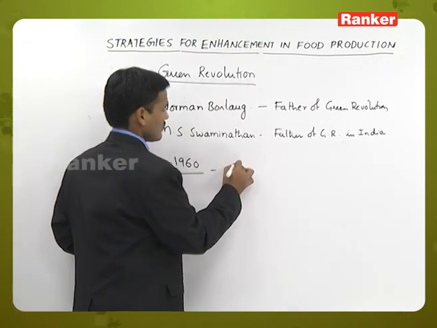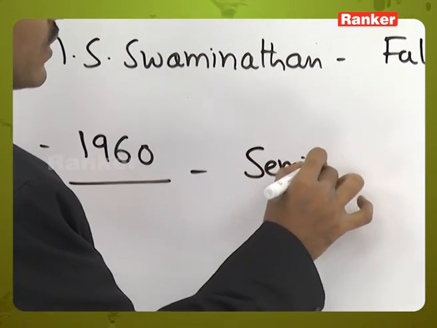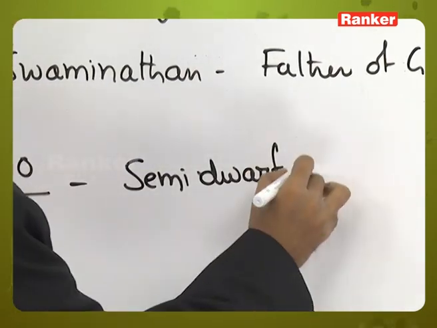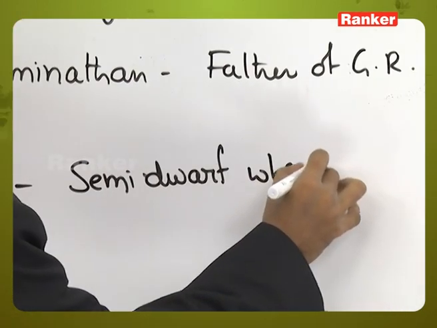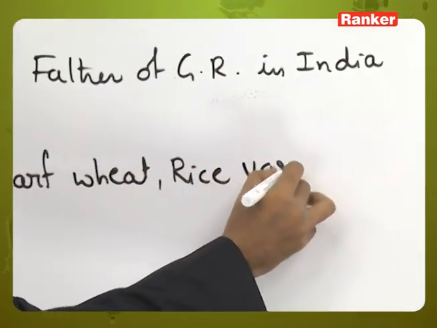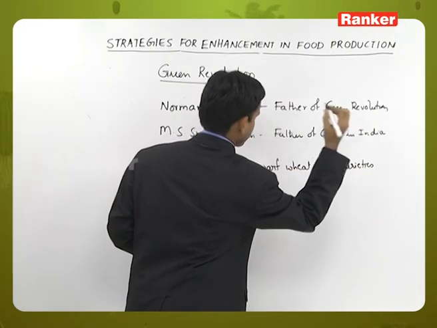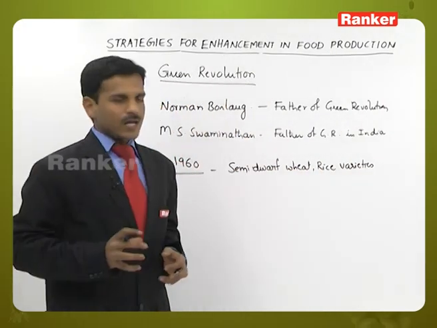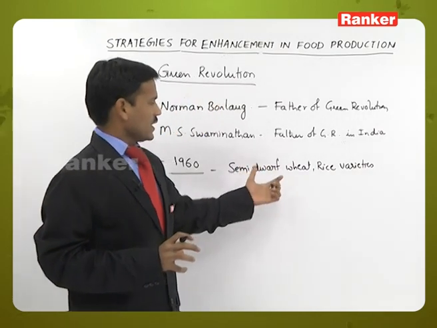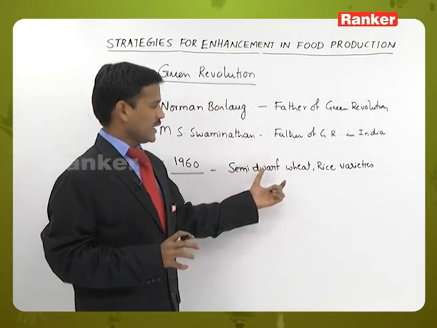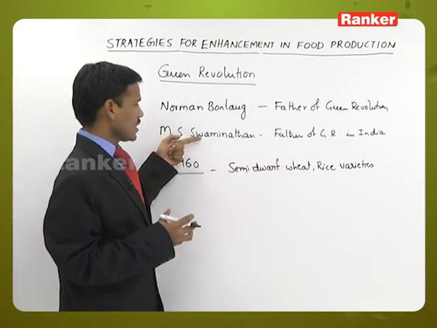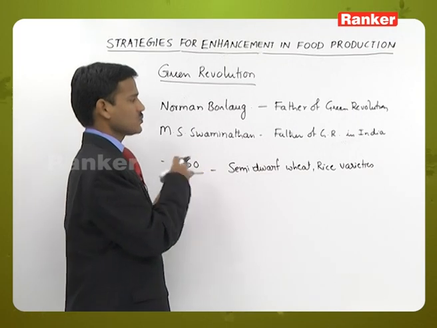The varieties are semi-dwarf wheat and rice varieties. Norman Borlaug developed these semi-dwarf, high-yielding wheat and rice varieties in Mexico, and Swaminathan introduced them into India.